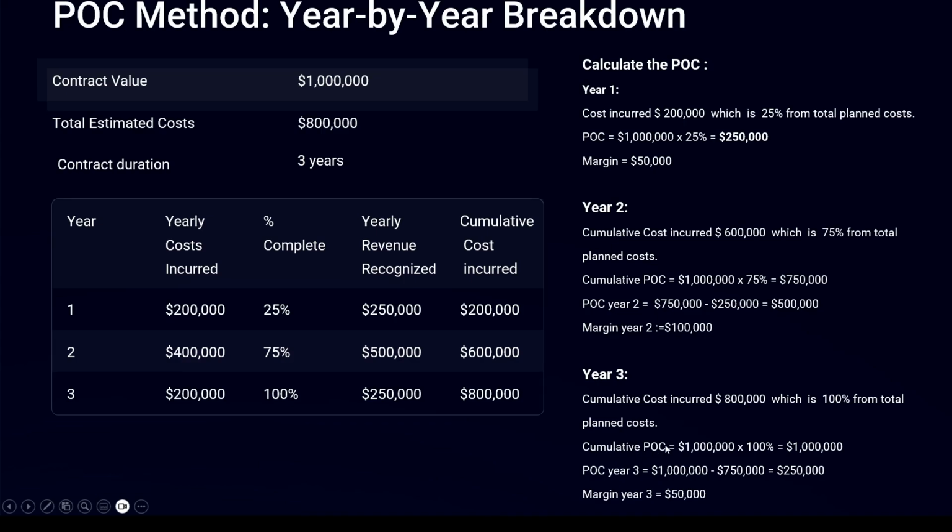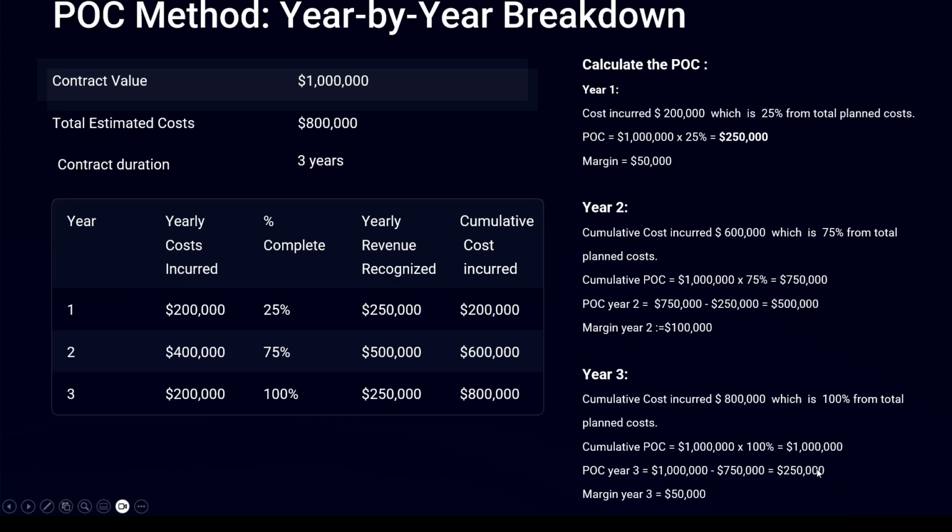So the cumulative POC is 1 million multiplied by the percentage of completion of 100%, and we get 1 million as total POC for this project. Then we need to calculate the POC for year 3 only, which is the 1 million cumulative POC minus the previous period cumulative POC, which was 750,000, and we get the POC for year 3 at the amount of 250,000.